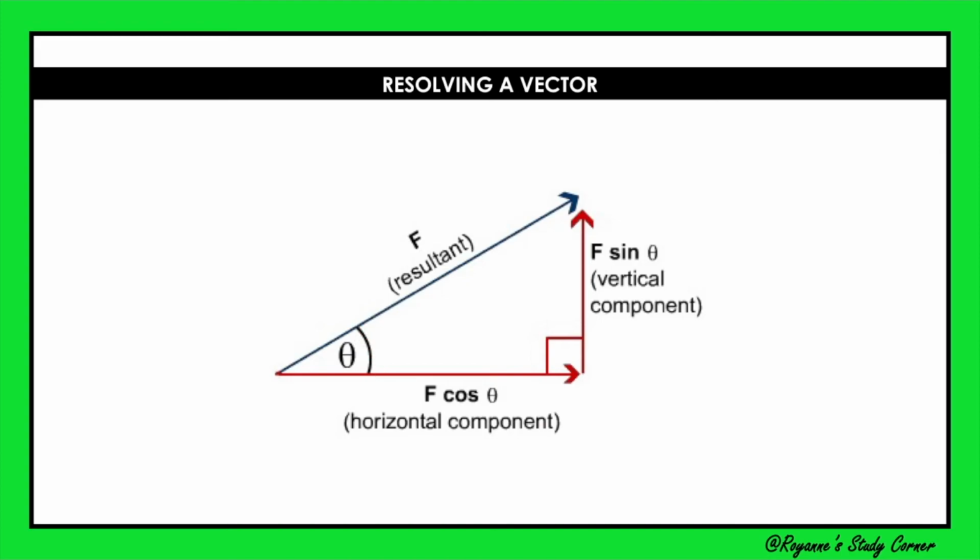Now to find the vertical component or the vertical vector that we would have used initially to get this resultant, we use F sine theta. F is still the resultant and theta is the angle. We can take this at face value and literally just plug our resultant into that and our angle into that to find the other sides.